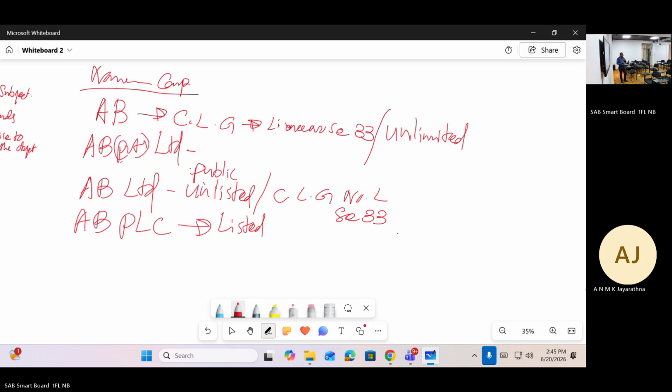So according to this act, foreign nationals, foreign people, foreign companies, and a Sri Lankan company which has 50% or more foreign shareholding, three types are recognized.